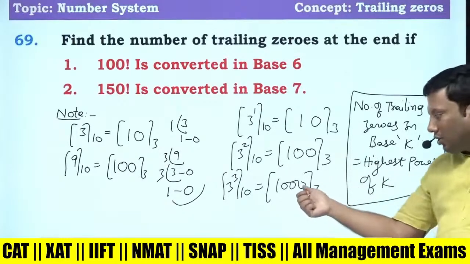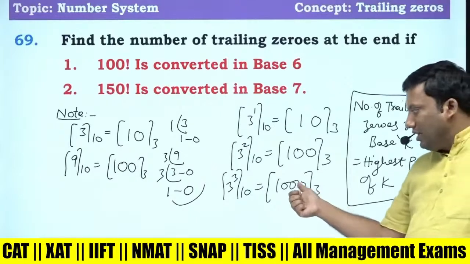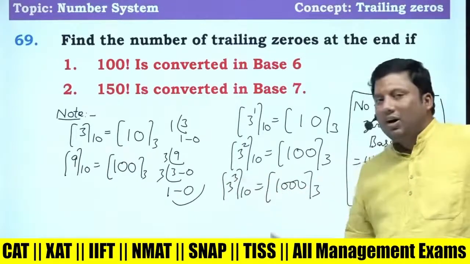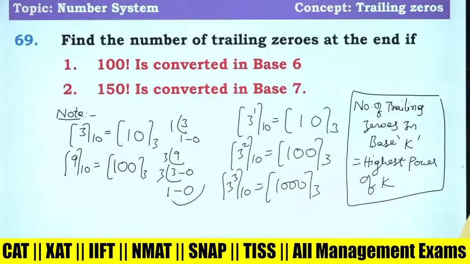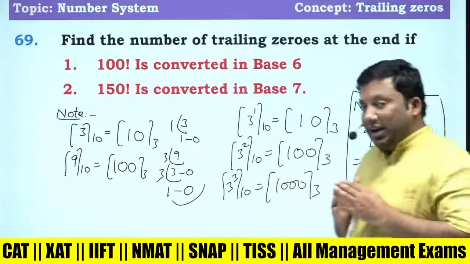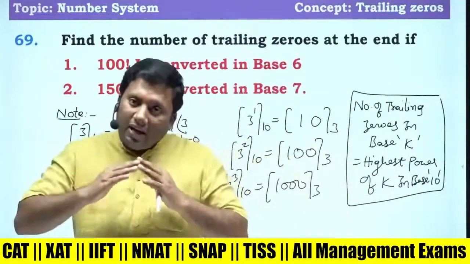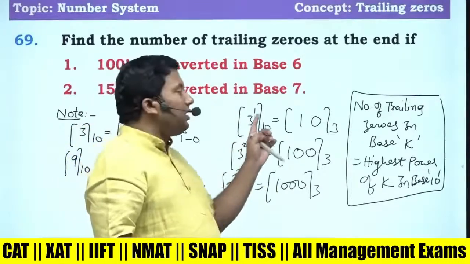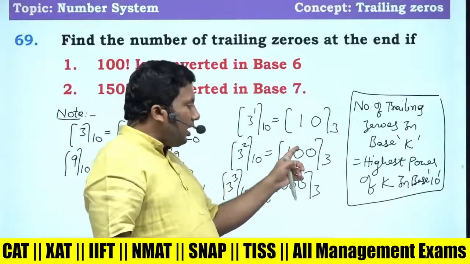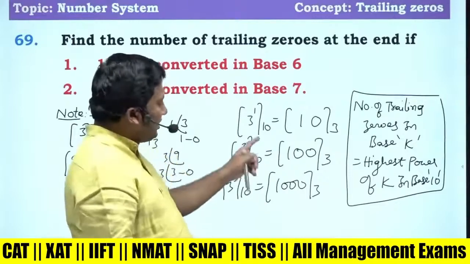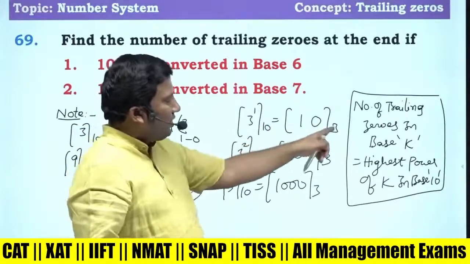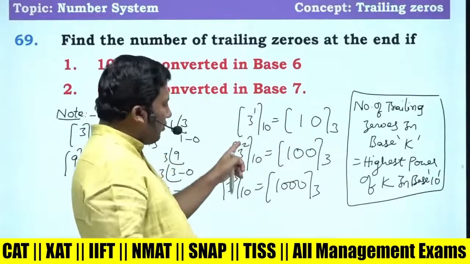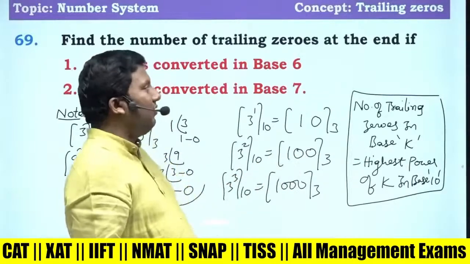The number of zeros in base system K, it is the highest power of K in base system 10. If I take a number which is in decimal and convert it into non-decimal, the number of zeros at the end is nothing but the power of that base. 3 square, so the number of zeros at the end will be 2.